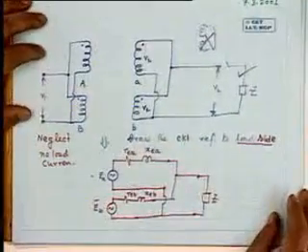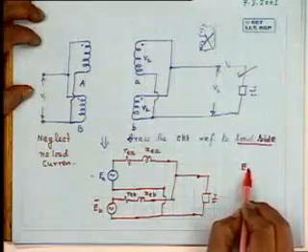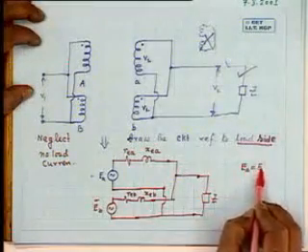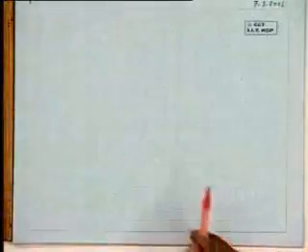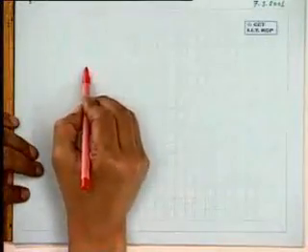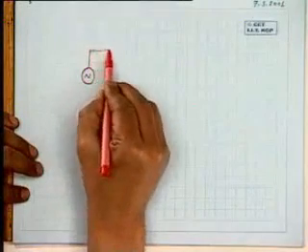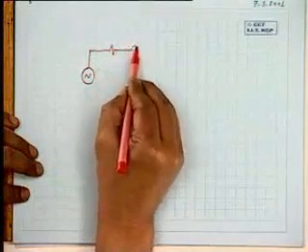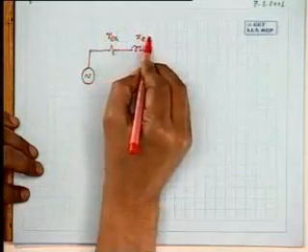Now remember, suppose the voltage ratios are exactly equal, then EA will be equal to EB. And this circuit can be further simplified to this form. Simplified means it can be redrawn in this way. REA, XEA.